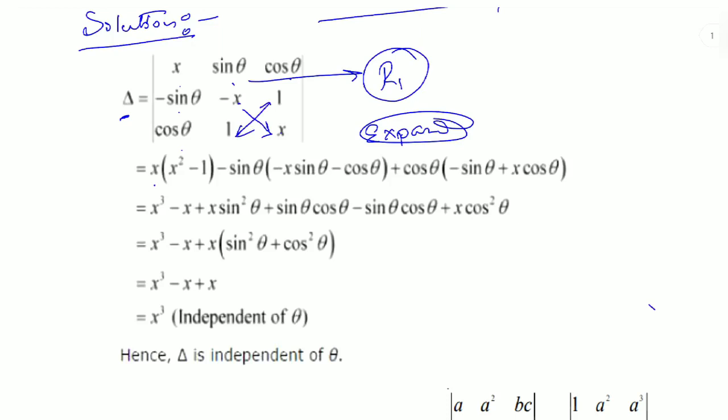In this way, we get x cube minus x plus x sine square theta plus sin theta cos theta minus sin theta cos theta plus x cos square theta, right?